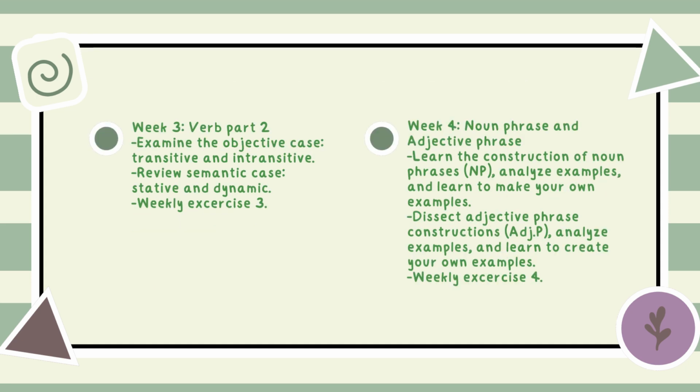Move to week 3, we have verb part 2. In this week, we discuss examining the objective case. Objective case is the meaning contained in or character of the verb in the sentence.